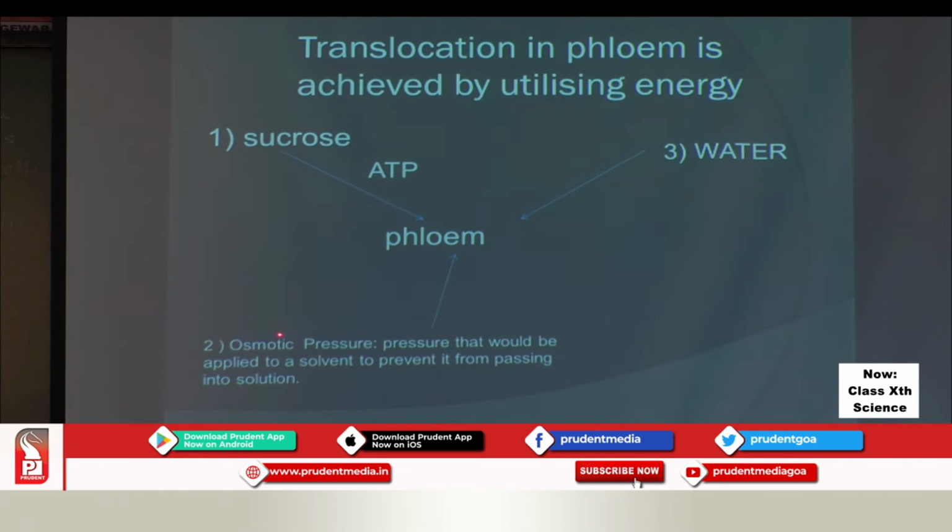At that time, osmotic pressure in the phloem tissue increases. So, what will phloem tissue do? Phloem tissue will make use of the energy from the ATP, and this sucrose will be taken in by the phloem by using energy from ATP.